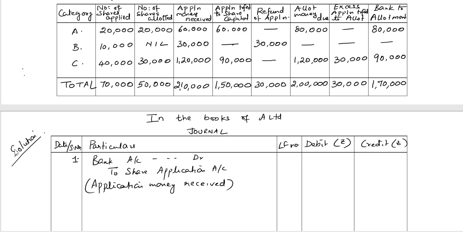To get the amount, we will take the total of the fourth column. The fourth column is application money received, and the total application money received is 2,10,000 rupees. So this will be the answer for the first journal entry, 2,10,000 rupees.